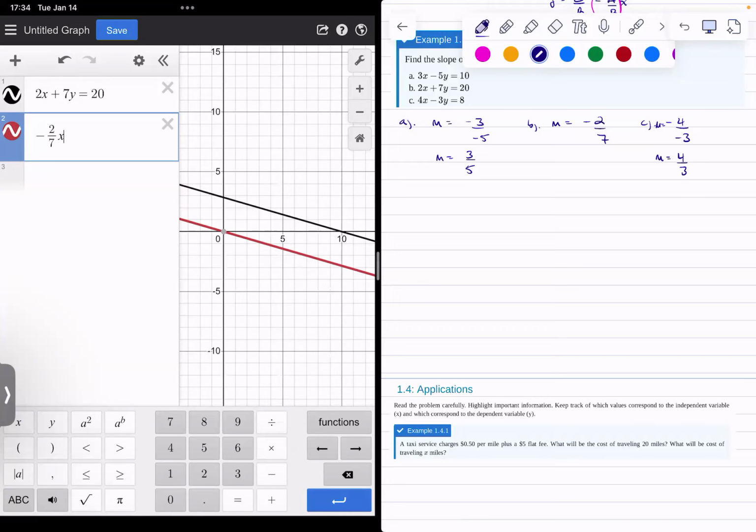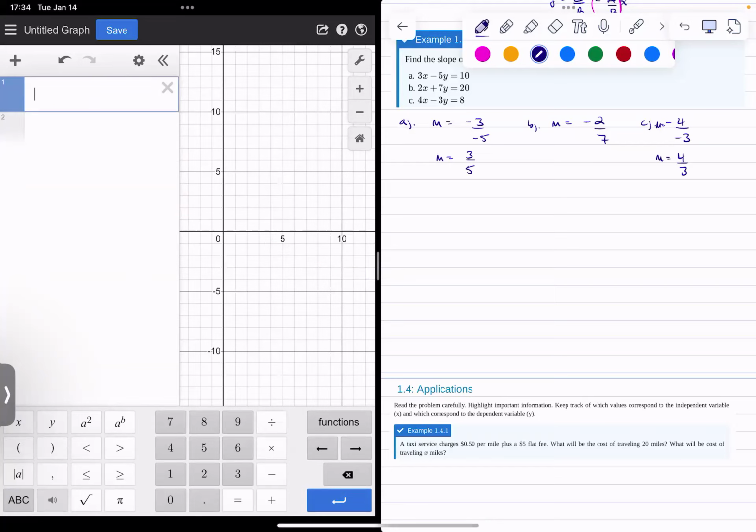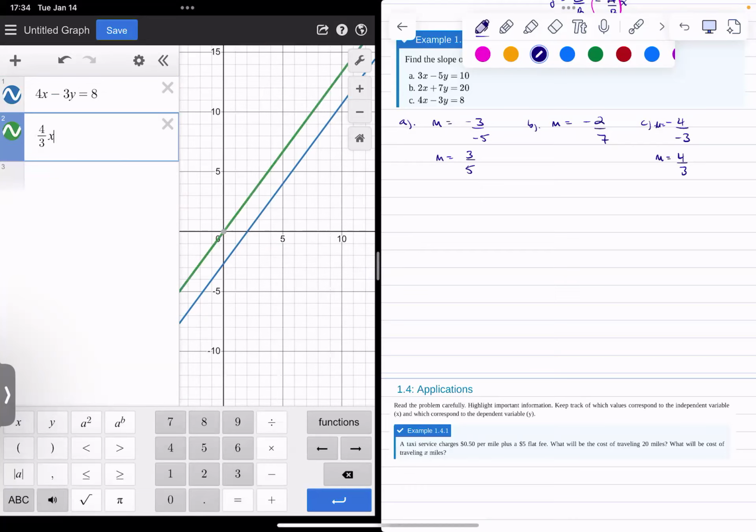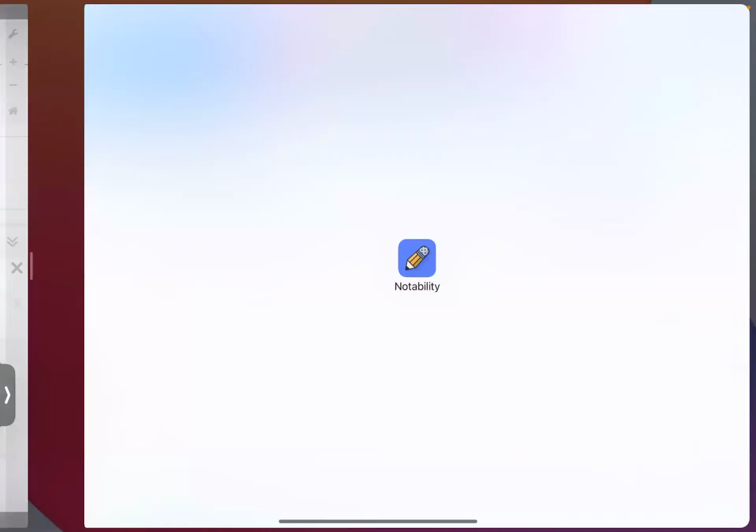If they have the same slope, they're parallel. And 4x minus 3y is equal to 8. And how about a slope of 4 over 3 times x? Looks good. Nice. Okay. All right.